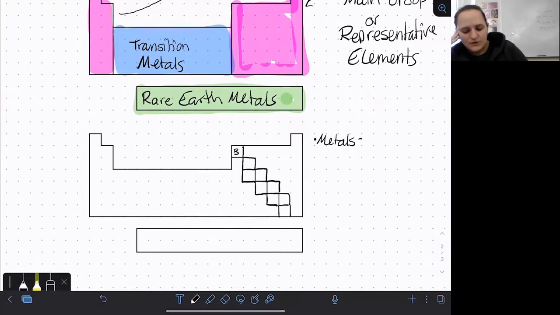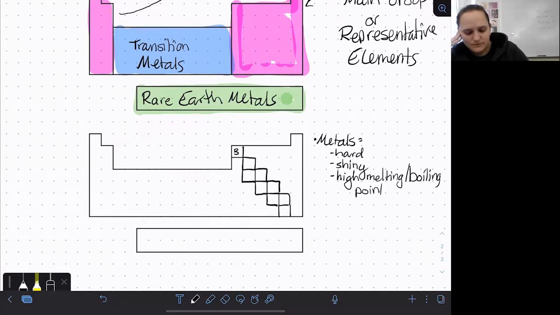So metals in general are elements that tend to be hard. They are often shiny in appearance. They are usually solids except for mercury. They have high melting and boiling points. And they're generally good conductors of heat and electricity.